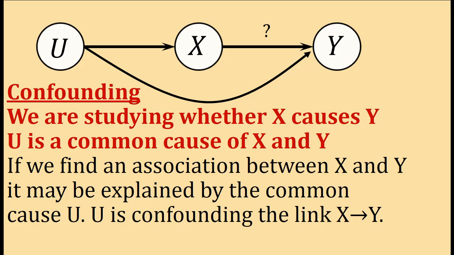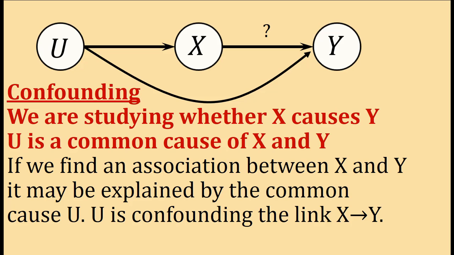Why confounding? Because let's say I study x, I observe changes in x and observe changes in y, and they seem to go together, so probably there is a causal link between x and y. But that's what we call correlation.